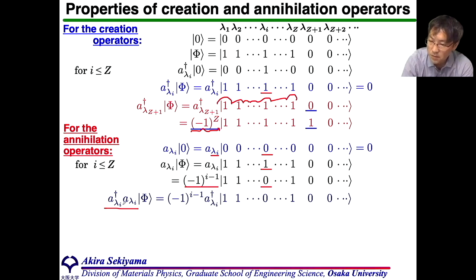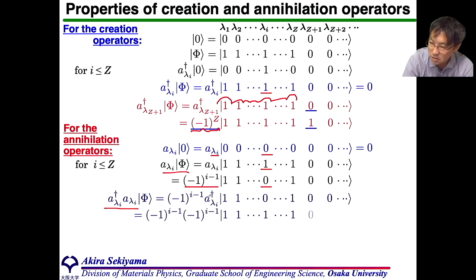So by the definition of this one, we can calculate this state. Then we need to consider this state to be switched to 1, by saying this one. So the number of electrons in this state is I minus 1. Therefore, this term is again multiplied.